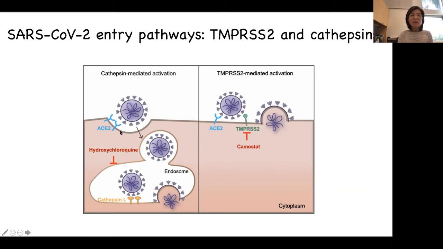But if TMPRSS2 is not there, or TMPRSS2 somehow does not cleave S protein, then through ACE2 endocytosis, it's internalized to late endosome or lysosome, and S protein is cleaved by cathepsins, most importantly cathepsin L, and fuses in the endosome.